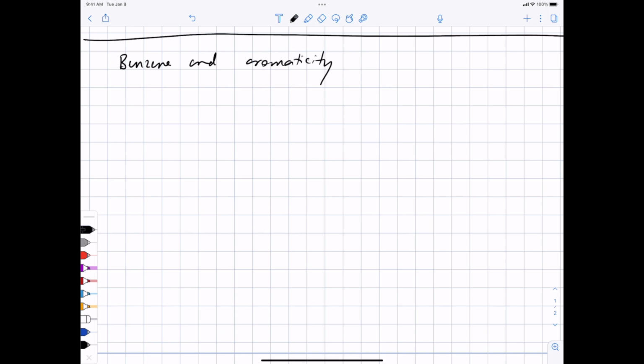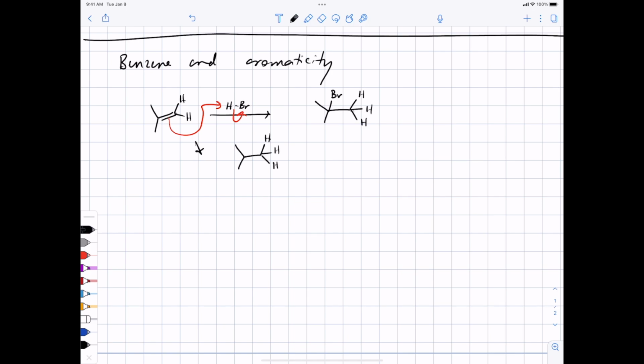You've seen before that if you take an alkene and react it with HBr, you get an addition product in which you've added HBr across the pi bond, where the pi bond acts as a nucleophile, and you make a carbocation intermediate where the carbocation's on the more substituted carbon where it's more stable, and then in a second step, Br minus can come in from above or below, attacking the carbocation to give you the addition product.